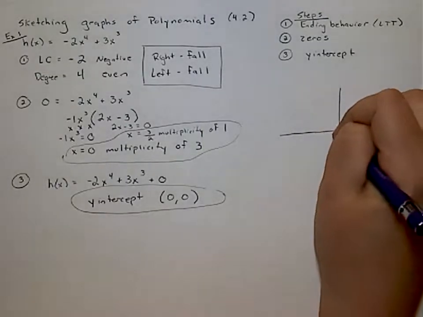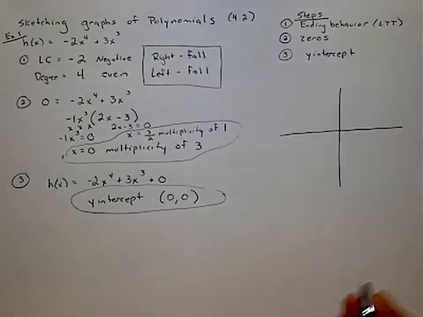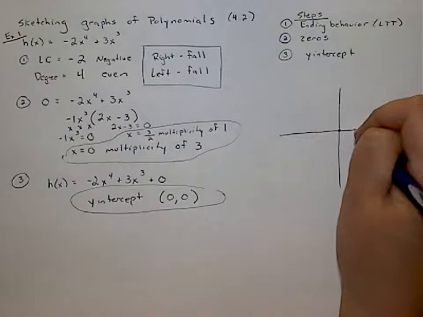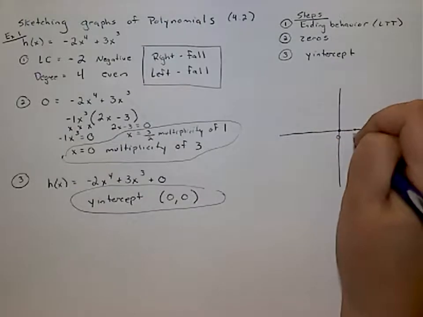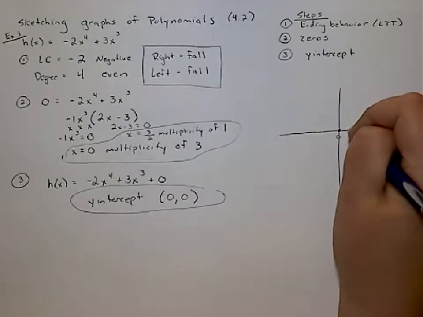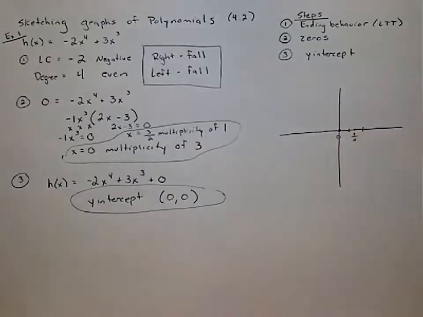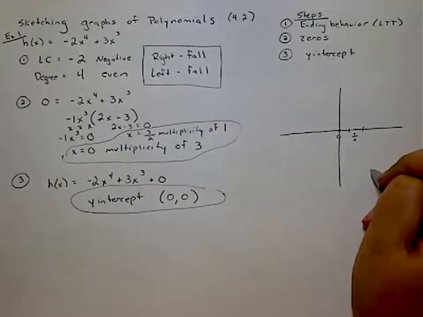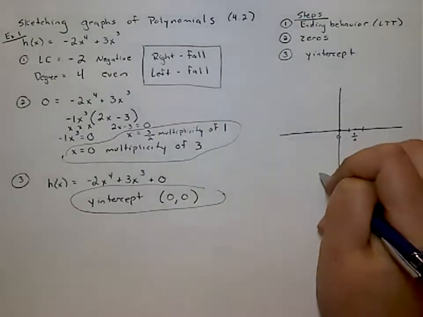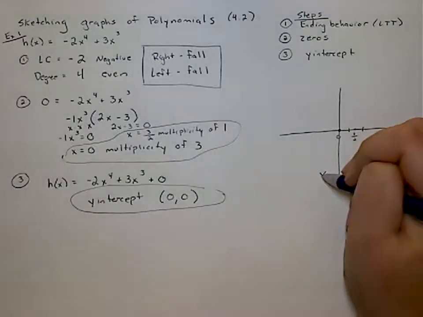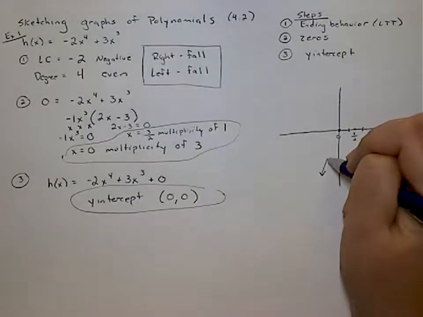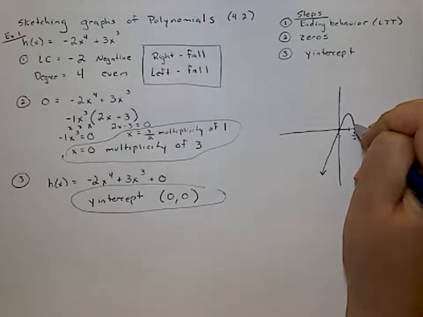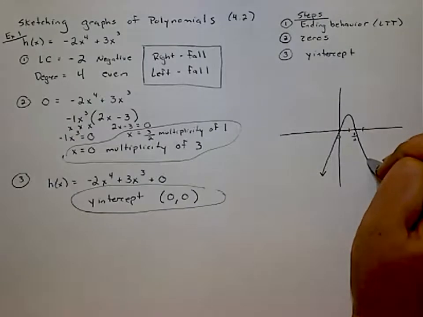We know we have something happening at 0, 0, and at positive 3 halves, which is really 1.5. We also have our ending behaviors of going down and going down. So we're going to start here, cross 0, and then cross at 3 halves.